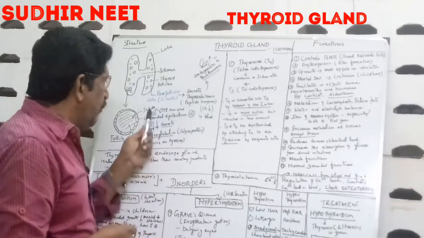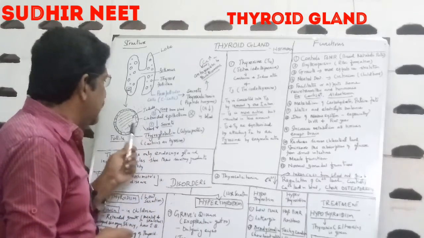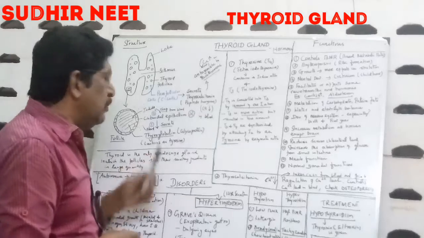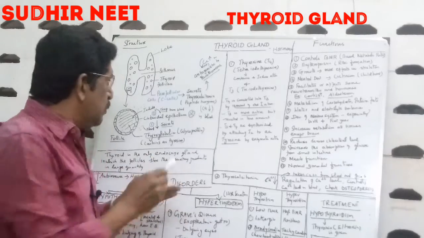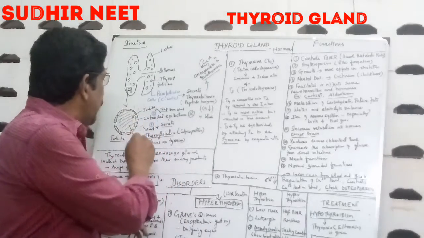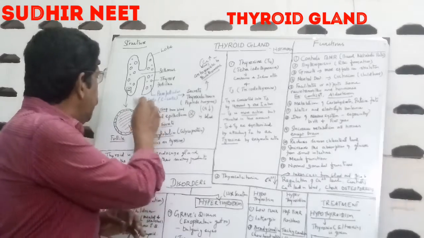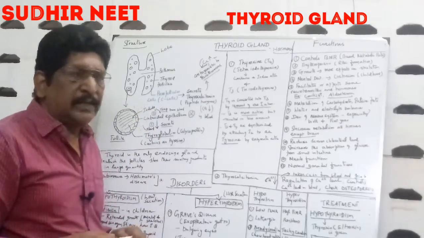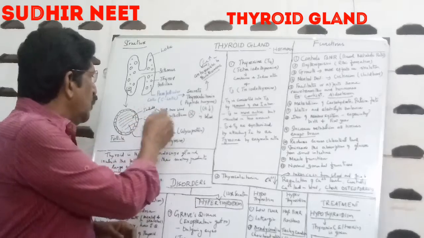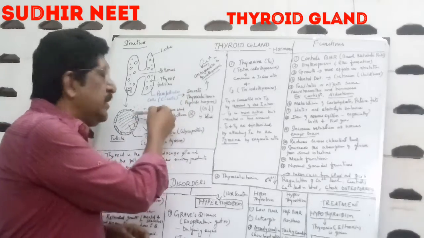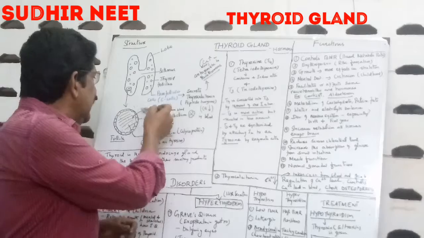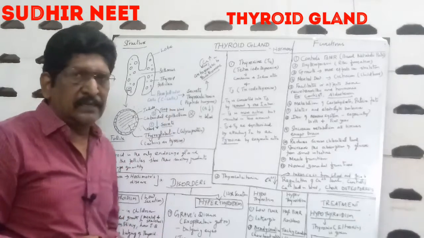So it does two functions. One, it secretes this thyroglobulin, a glycoprotein, tyrosine, amino acid derivative. Number two, another very important function. In the blood surrounding the epithelium, the thyroid cells, you get iodine in the blood. So it traps the iodide ions, and then it gives them into the follicles.